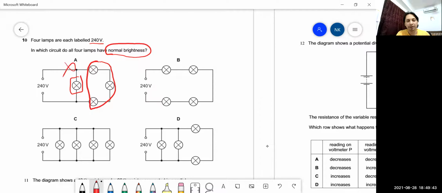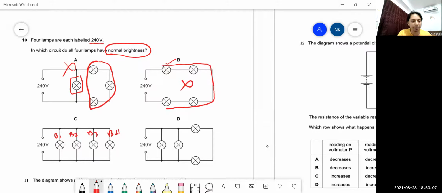This is wrong. Here in option B, the current is passing through the same single loop. Same current is passing through bulb 1, bulb 2, bulb 3, bulb 4. This is also the wrong answer. In option C, you find that each bulb, B1, B2, B3, and this one, are all connected in parallel.